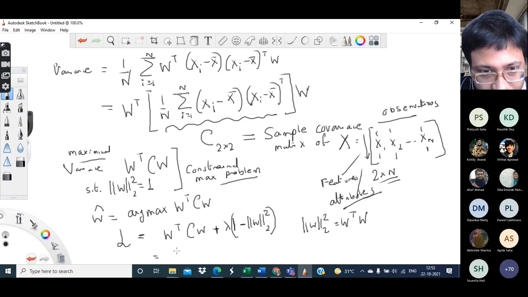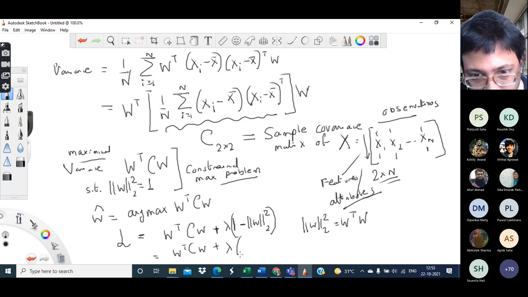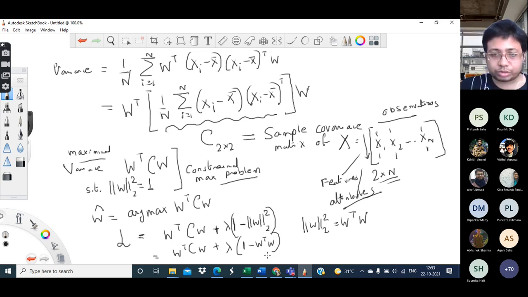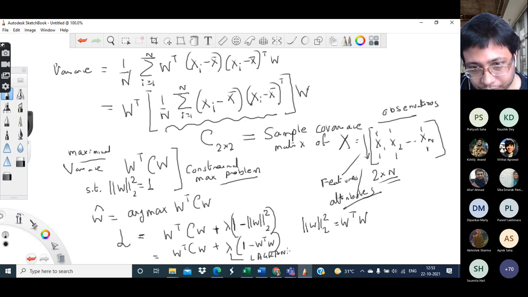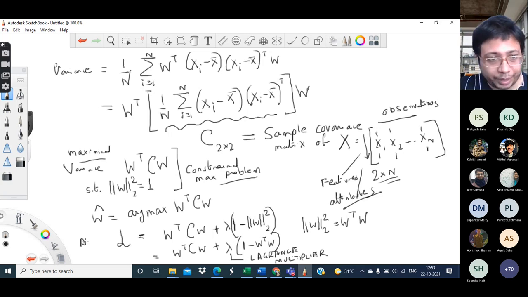Basically I have got this problem, W transpose CW plus lambda into 1 minus W transpose W. Now what is lambda? Lambda is the Lagrange multiplier. And this is my augmented objective function.